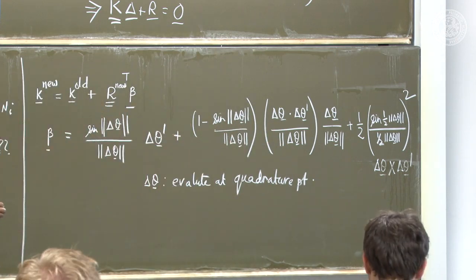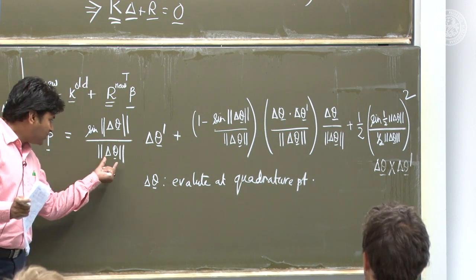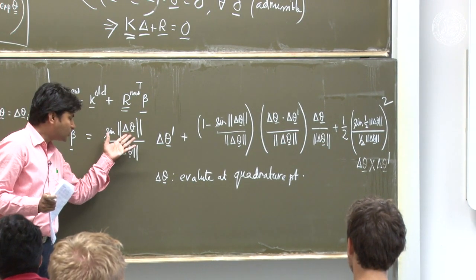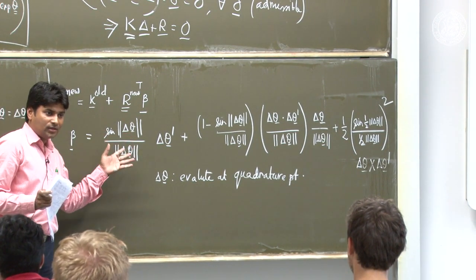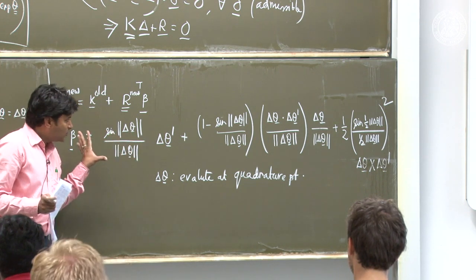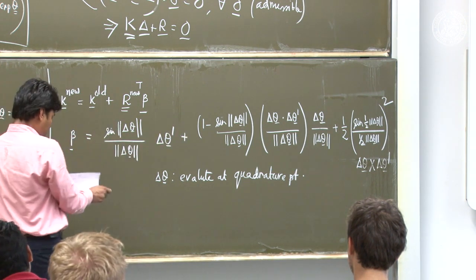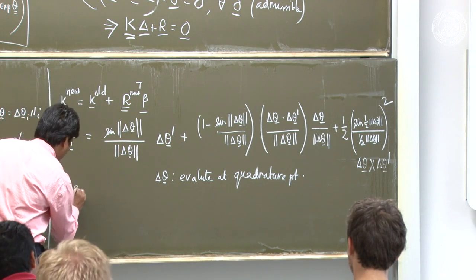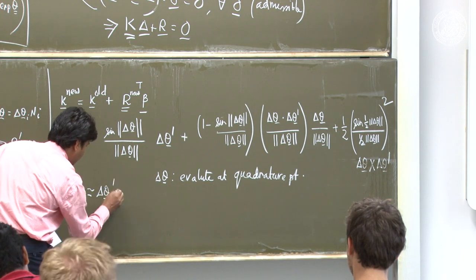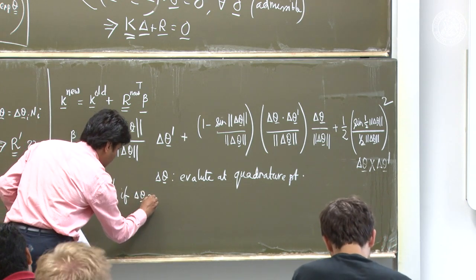Okay. And just a side remark, what happens if your delta theta is very small? The sine of the magnitude of delta theta divided by the magnitude of delta theta has a limit, and it is 1. So the whole thing has a limit. If delta theta is very small, it becomes very simple: beta becomes delta theta prime if delta theta is close to 0.